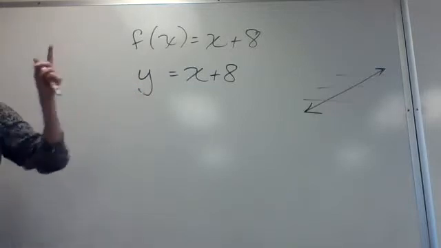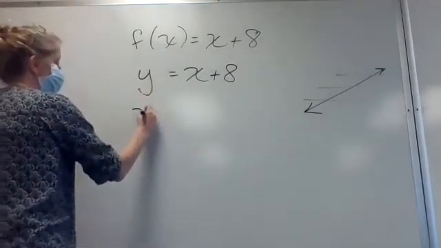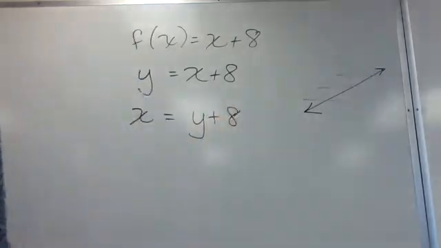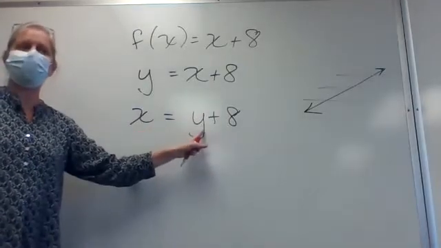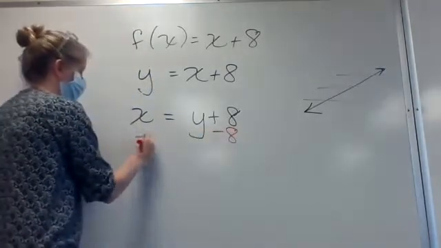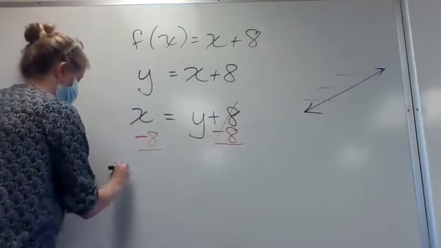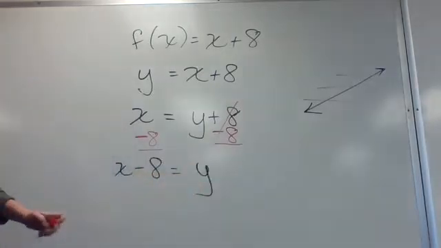The second step is to invert the x and the y. So now I'm going to have x equals y plus 8. Now your y is in a new spot, and that's the y you're going to want to get by itself. So I'm just going to subtract the 8 from both sides. So now I have x minus 8 equals y.